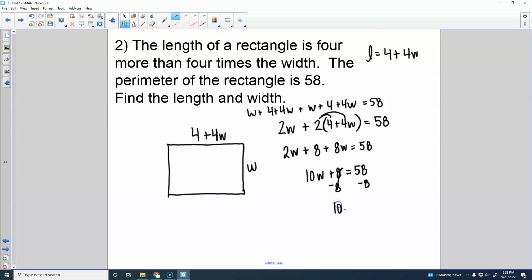So I get 10W equals 50. And then, Blakeland, what would I do last? Good. So I divide by that 10. W equals 5. So my width is 5.